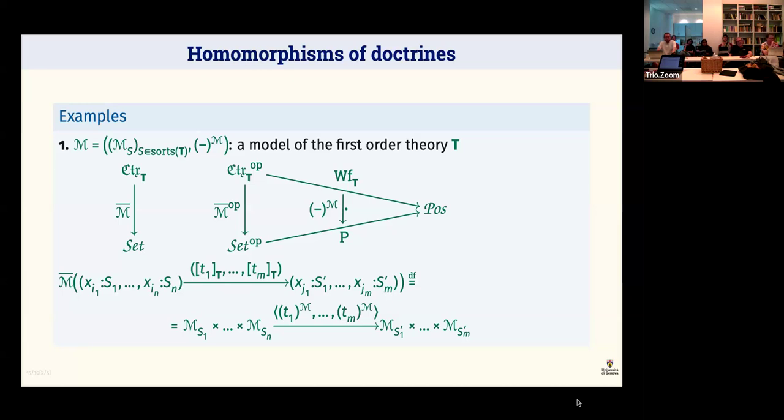That variable is an element of the interpretation M of S1. That's it. But then I have a list of variables, and I have a Cartesian product of the appropriate interpretation of the sorts. Here, the variables have disappeared. If you like, the variables have turned into the arbitrary elements of each of these factors.